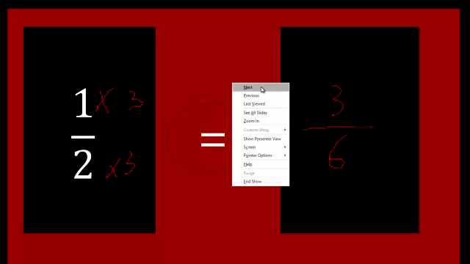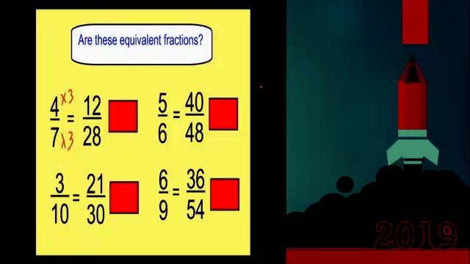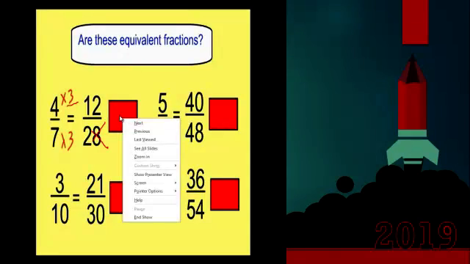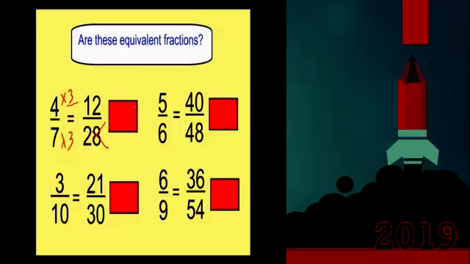Another example, I want to know, are those equivalent fractions or not? If I multiply 4 by 3, it will give me 12. But if I multiply 7 by 3, it will give me 28? No. So this one is wrong.